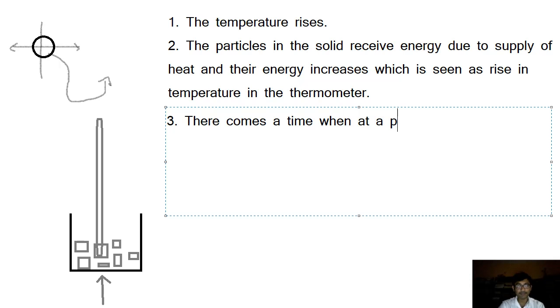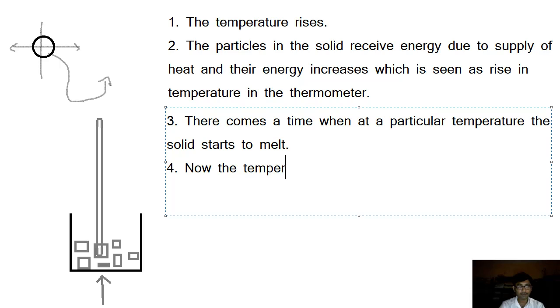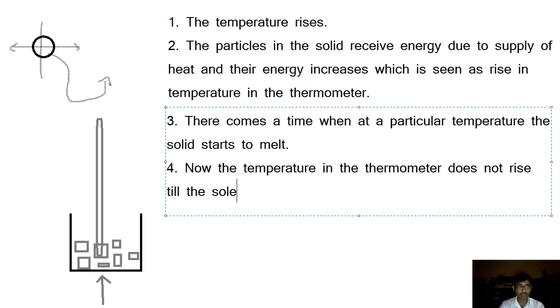So what happens is, as we go on supplying more and more heat, there comes a time when at a particular temperature the solid starts to melt, and at this temperature, we find that now the temperature in the thermometer does not rise till the solid has completely changed into liquid.